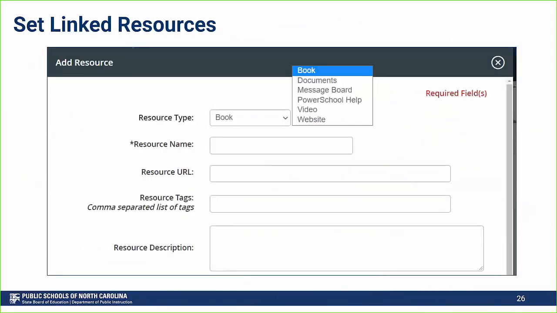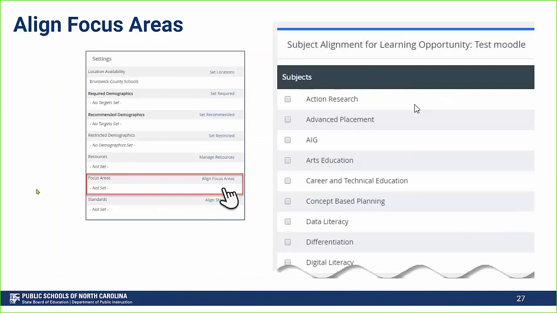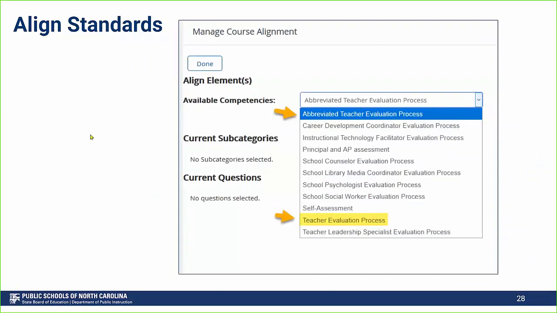How to add your resources. The resources are a good place if you did build out a course in Google Classroom or whatever you guys are using, Canvas, you could put the link to your course in the resources. All right, and aligning your standards.